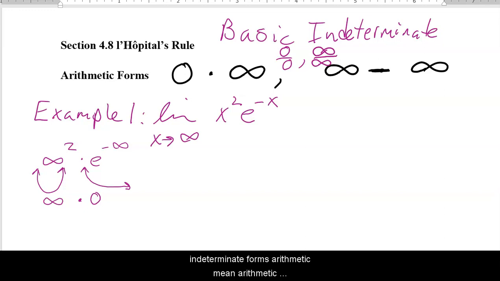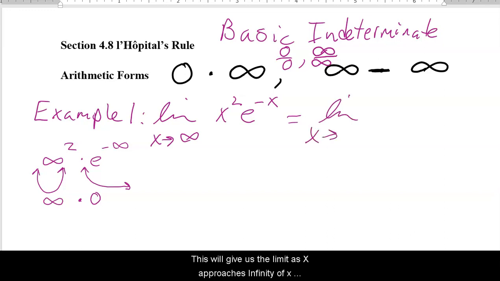Arithmetic meaning arithmetic, subtraction and multiplication in this case. They're not basic forms because they're not 0 over 0 or infinity divided by infinity. However, we can rewrite them in that form by converting this current product into a fraction. The simplest thing to do is to take the one with the negative exponent and drop it to the denominator.